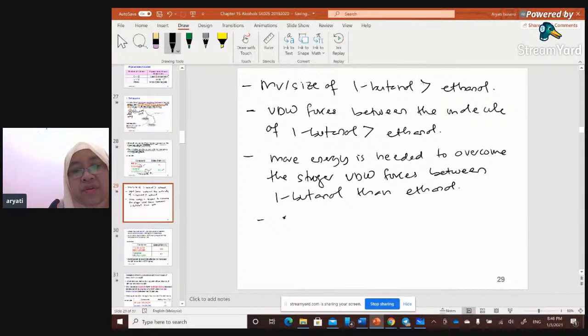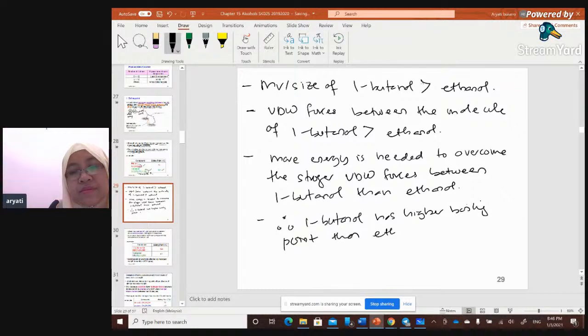Therefore, 1-butanol has a higher boiling point than ethanol.